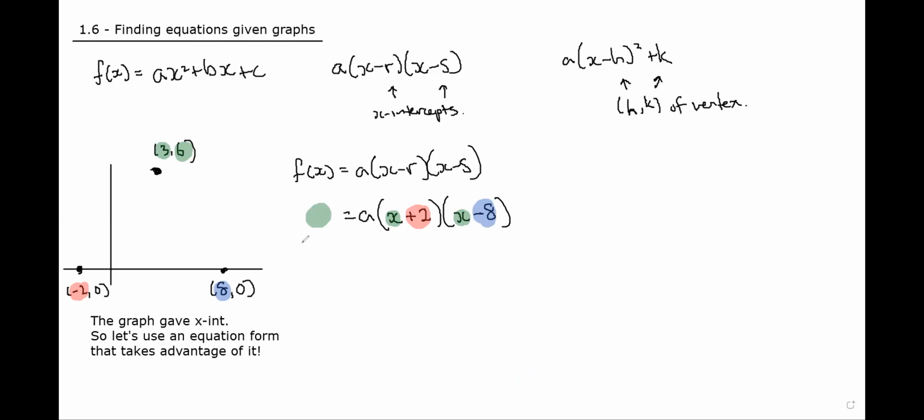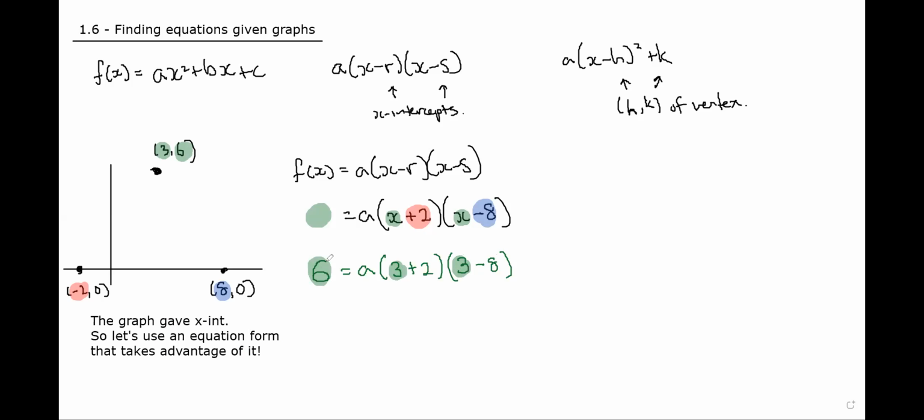Let's do this. Ready? When the x value is 3, plus 2, and 3 minus 8, the y value is 6. Right?